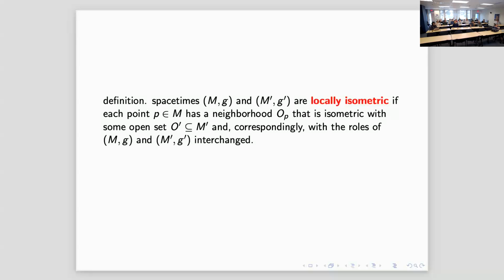I'm going to say that spacetimes (M, g) and (M', g') are locally isometric if each point p has a neighborhood that is isometric with some open set in the other spacetime, and vice versa. So, for example, any pair of flat spacetimes will be locally isometric, even though globally they can have a very different kind of structure. They need not be isometric, but flat spacetimes, just by this definition, are locally isometric.